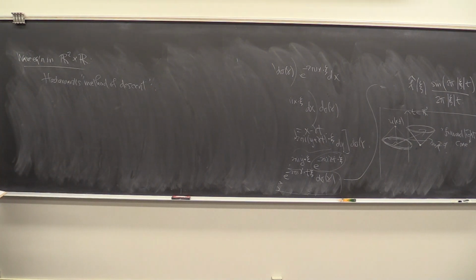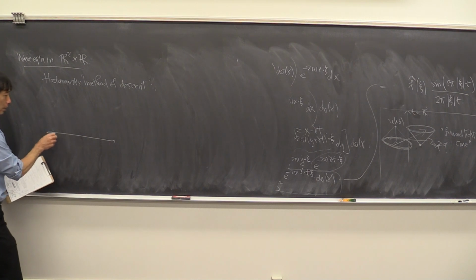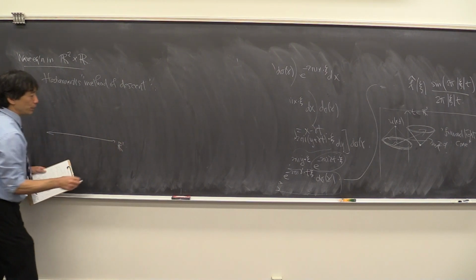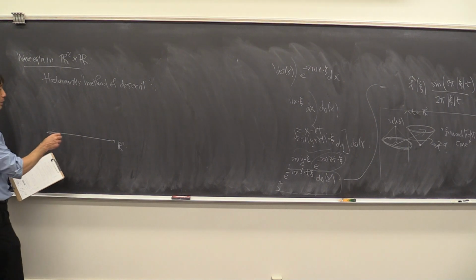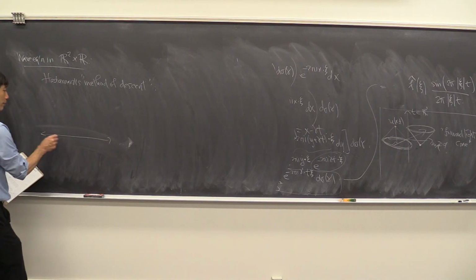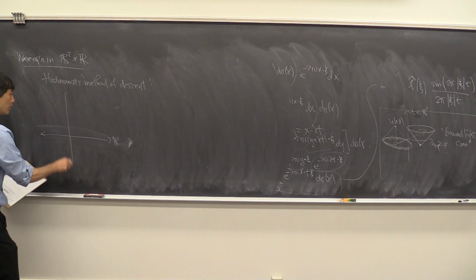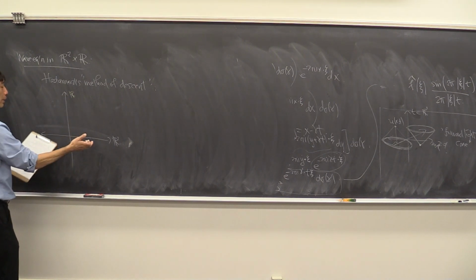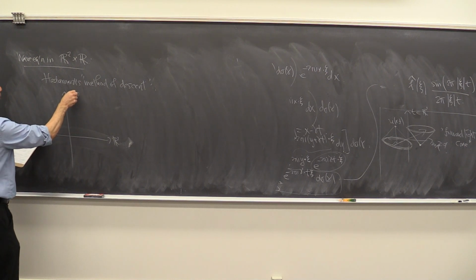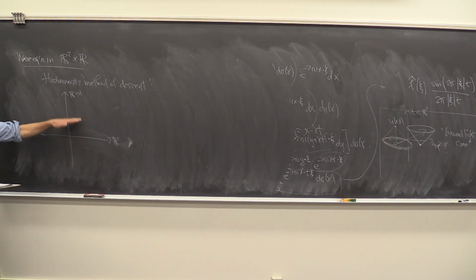The idea is basically, if this is R2, suppose you have your initial data on R2, and we're trying to find how the wave changes through time. But we've already solved it for R3 cross R.